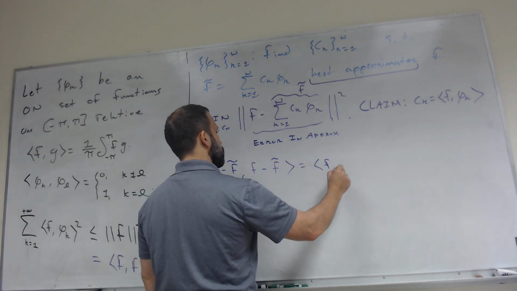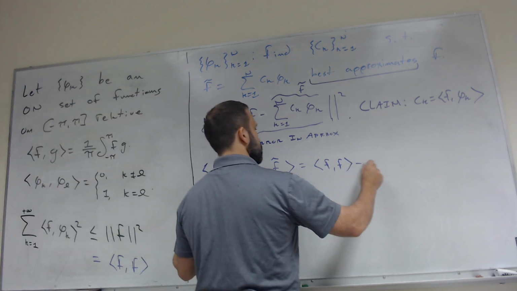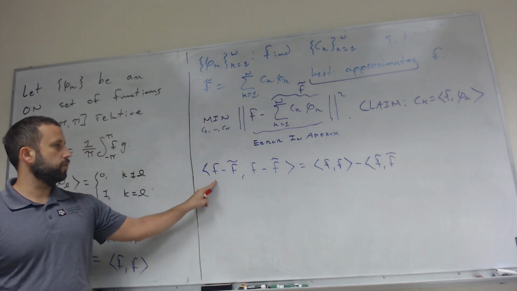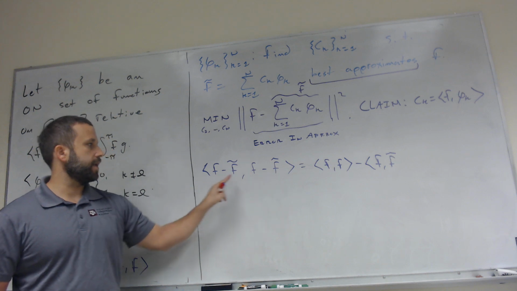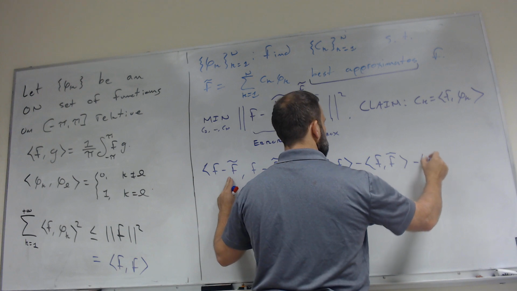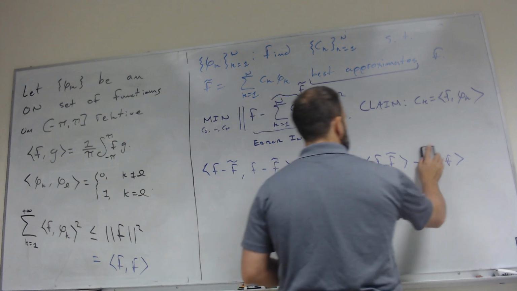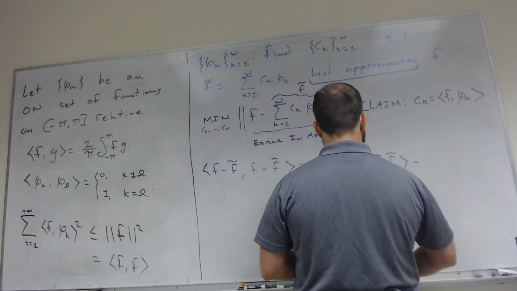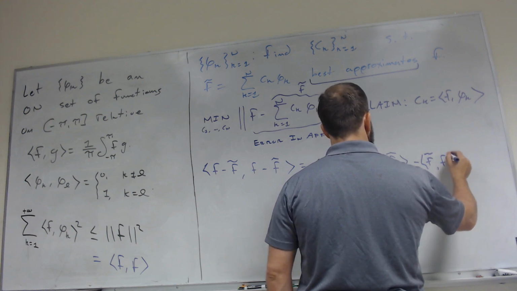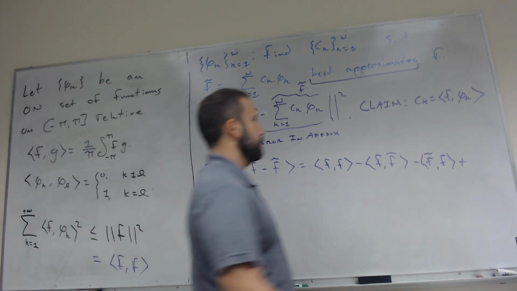This is going to be the inner product of f with itself, then minus the inner product of f and f tilde, and then minus the inner product of f tilde and f, and then plus the inner product of f tilde with itself.